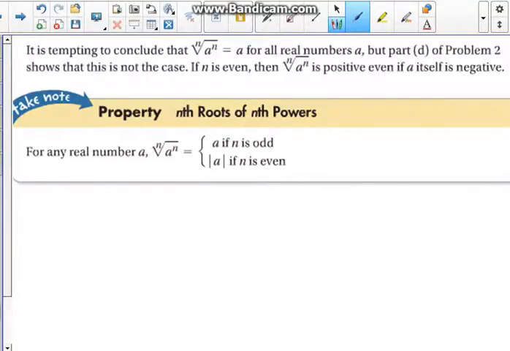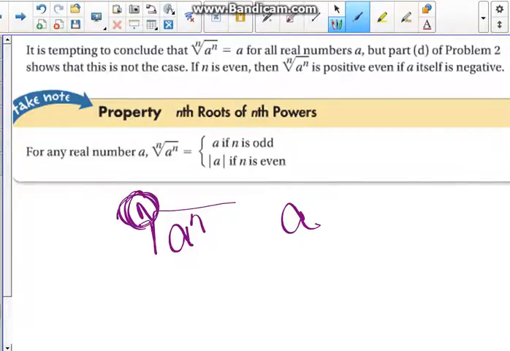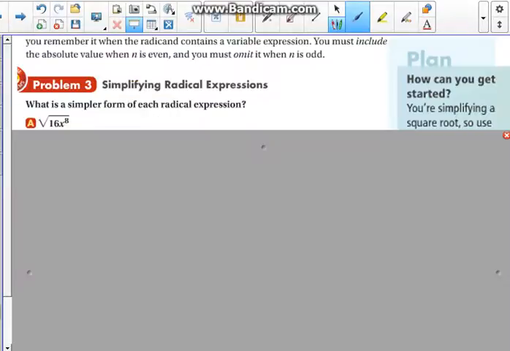There are some properties that come out of the nth roots of nth powers. For any real number a, the nth root of a to the nth power is equal to a if n is odd, but if n is even, it's going to be the absolute value of a. Okay? So let's look at these in motion.